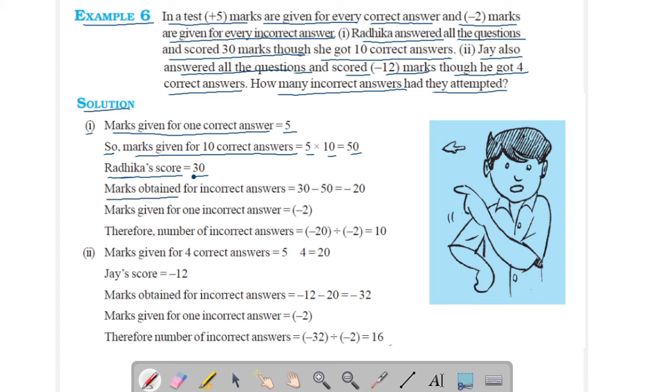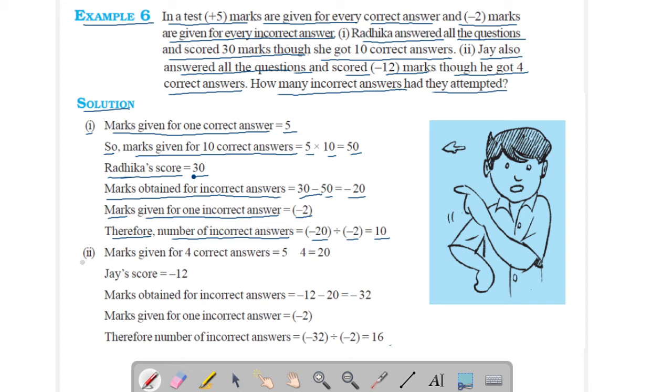The marks obtained for incorrect answers equal to 30 minus 50 equal to minus 20. Marks given for one incorrect answer equal to minus 2. Therefore, number of incorrect answers equal to minus 20 divided by minus 2, which is equal to 10. This is your answer for first part.